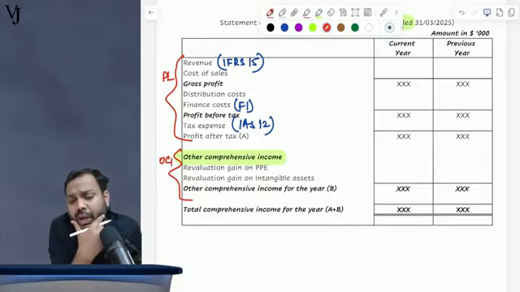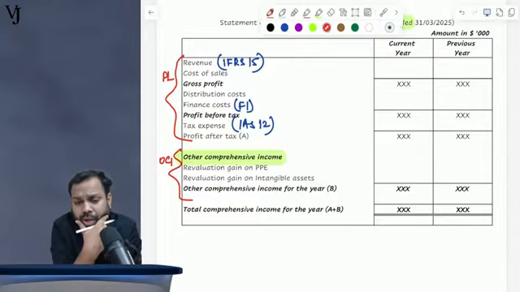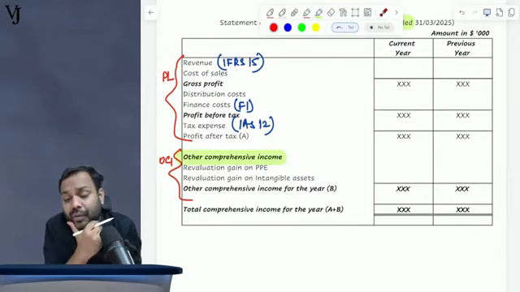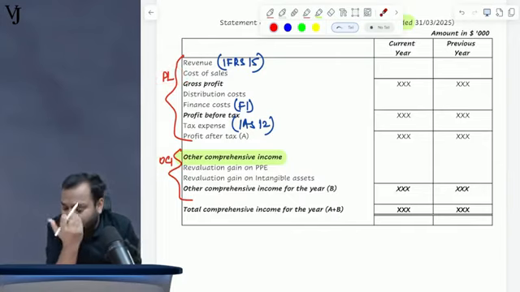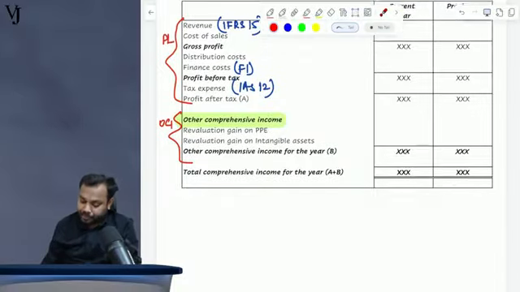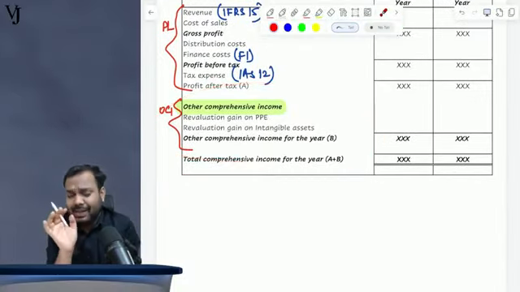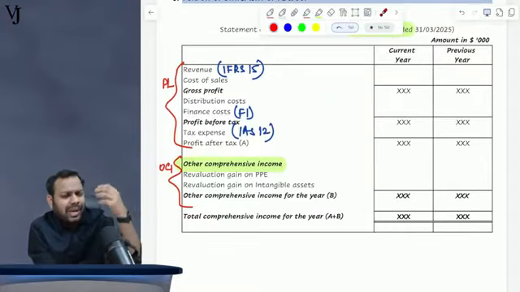How will we get to know which income or expense we have to recognize in other comprehensive income and which income or expense we have to recognize in P&L? How exactly will we get to know? Okay, so understand, my dear friends, this other comprehensive income, understand the intent. We know what is P&L, which we have been studying from class 11 itself.